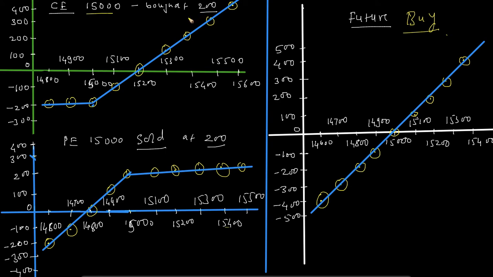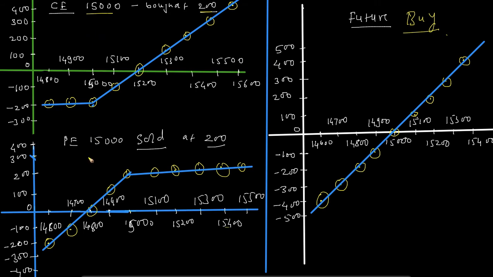According to the break-even formula for call buying, as we are paying rupees 200 for buying this call option, our break-even point will be the strike price plus this premium, which will be 15,200. So above 15,200, this call option will yield unlimited profits, and below 15,200, we will have a limited loss, that is at the max, the premium which we paid for buying this call option.